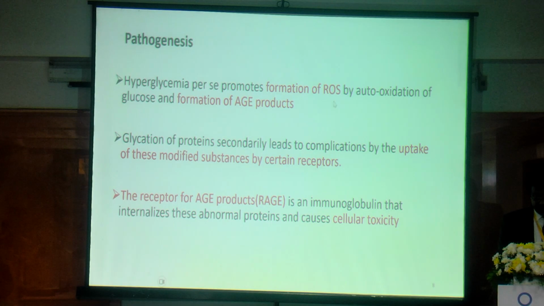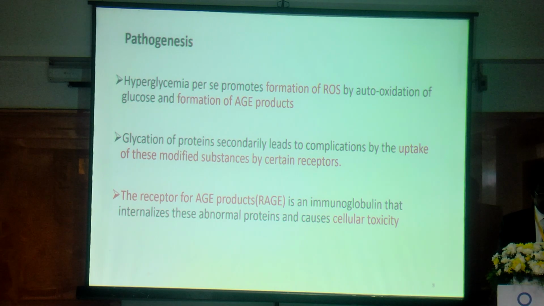So are only these two pathways involved, or are there other things? Hyperglycemia per se promotes the formation of reactive oxygen species, by auto-oxidation of glucose and formation of advanced glycated end products.